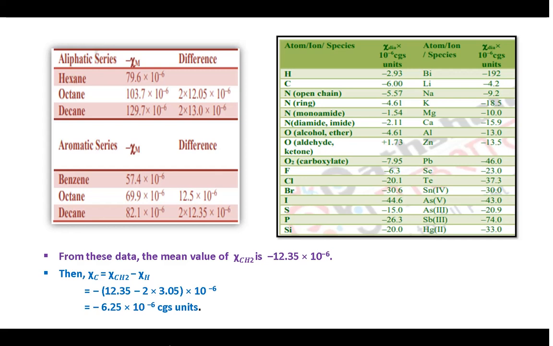Carbon, minus 6. Nitrogen in open chain, it is minus 5.57. For nitrogen in ring, minus 4.61. For nitrogen in monoamide, minus 1.54. Nitrogen in diamide, or imide, minus 2.11.